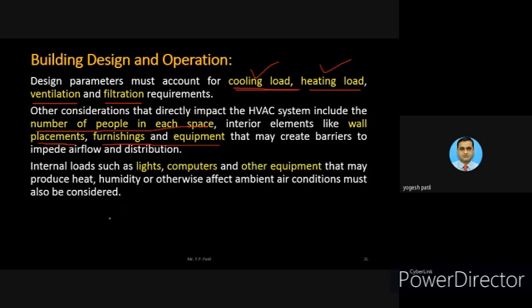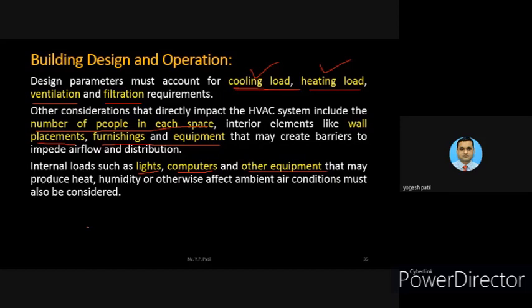There are many internal loads, for example lights, computers, and other equipment that may produce heat and humidity. Lights produce much heat, dissipating it into the surrounding area. So, by considering the number of lights turned on during a particular period, the requirement of cooling air in that room needs to be decided based on such analysis. In a computer room, how many computers are there?